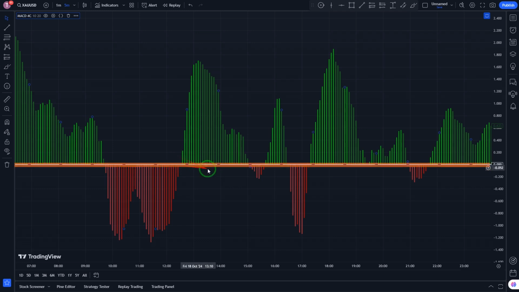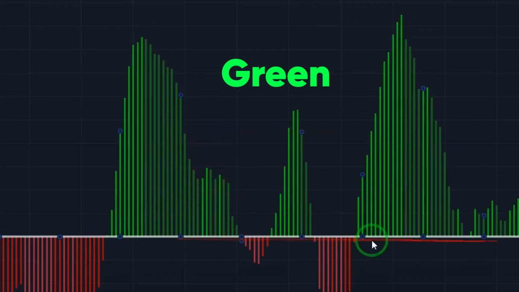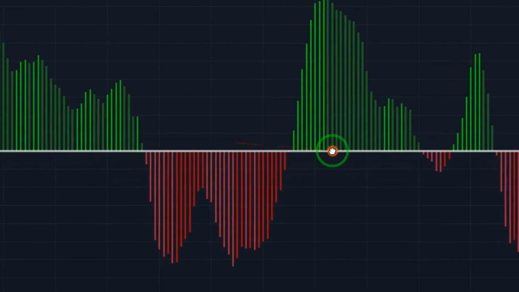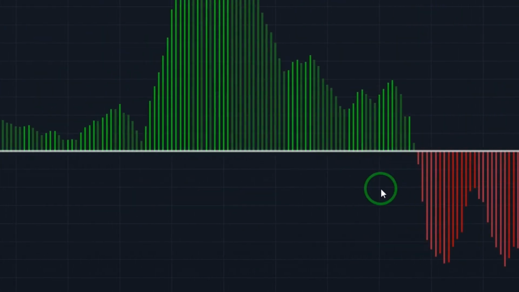This indicator has a middle line and a histogram, with its color being green in some places and red in others. When the histogram is green and above the middle line, we consider the trend to be upward and only look for buy signals. When the histogram is red and below this line, we consider the trend to be downward and only look for sell signals and sell trades.